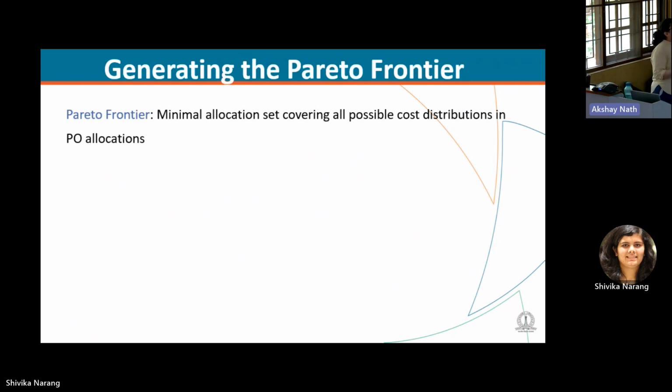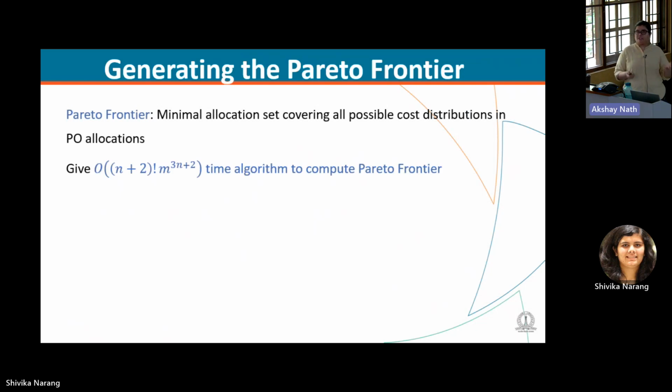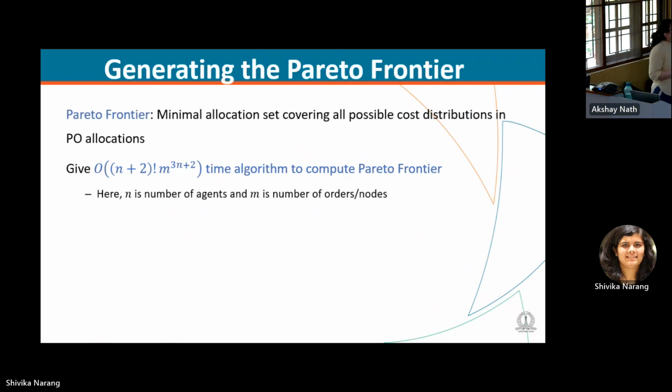And we are able to find this using an exponential time algorithm. And here, n is the number of agents, m is the number of orders or nodes other than the hub, right? So what you will notice is that n is the exponential factor here. So if the number of agents is constant, this is actually polynomial time.